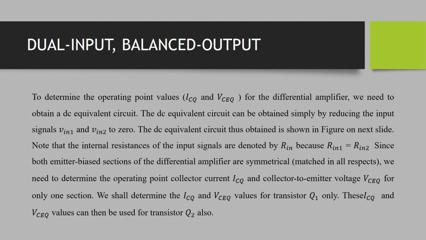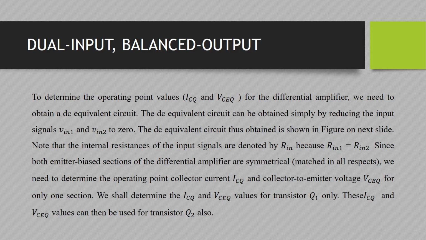So we have to determine the operating point ICQ and VCEQ for the differential amplifier. For this we need to obtain an equivalent circuit. Since the differential amplifier is the basic building block of operational amplifier, the discussions of differential amplifier sets the groundwork for analysis and design procedure of operational amplifier.